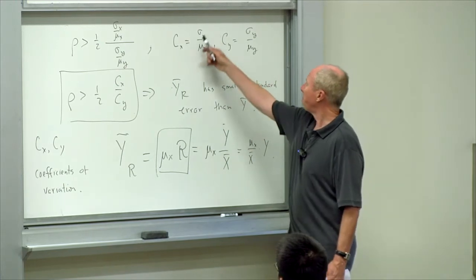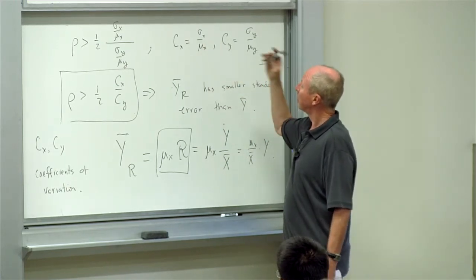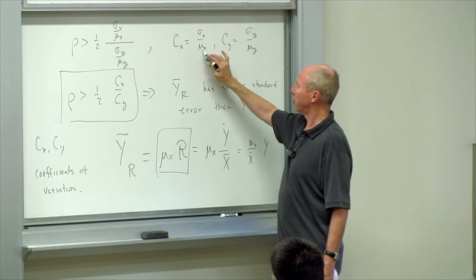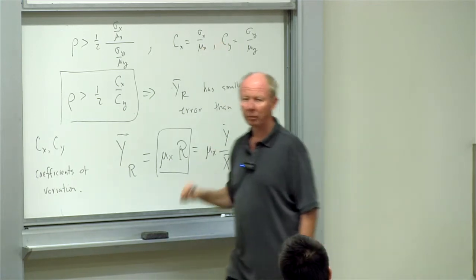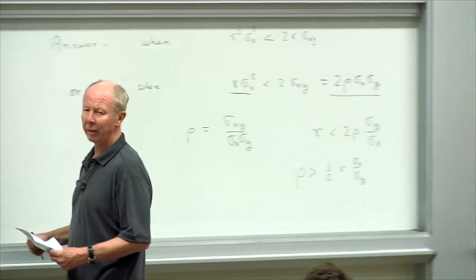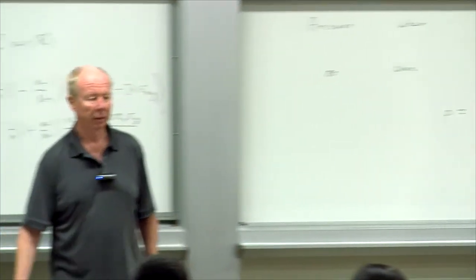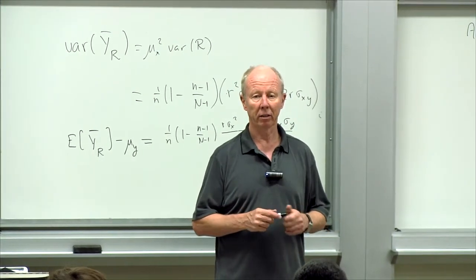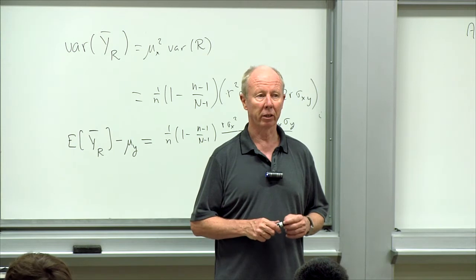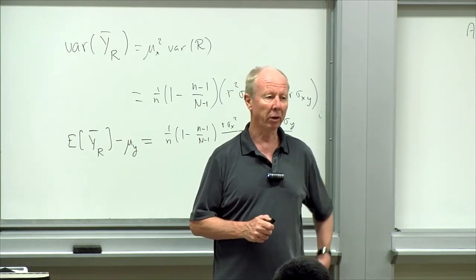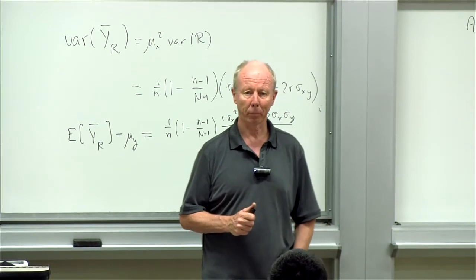This is how much the variable x varies. This is its mean. If sigma x is 10, but mu x is 10 million, would you say that's much variation compared to the value of mu x?